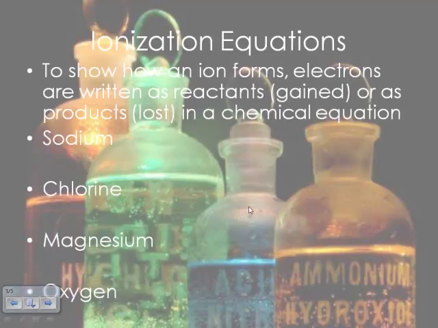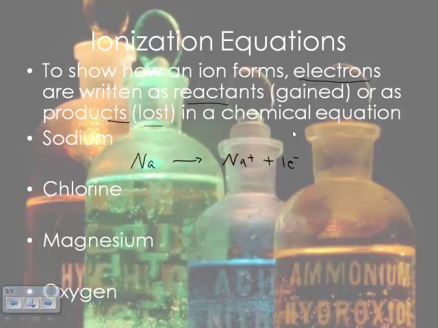Okay, let's look at how to write an ionization equation. It's like a chemical equation, only now electrons are written as reactants if they are gained, because they're going into that substance, or as products if they're lost. So for sodium, we know we lost 1 electron. So to make the sodium ion, we have to set that electron free.